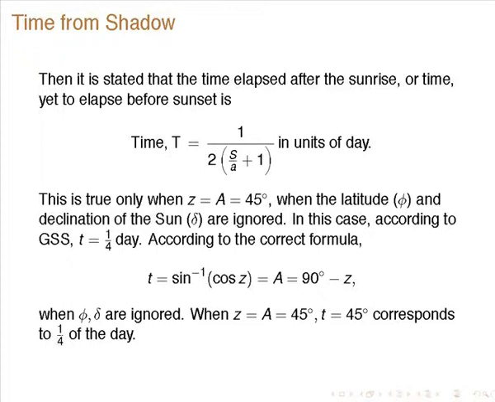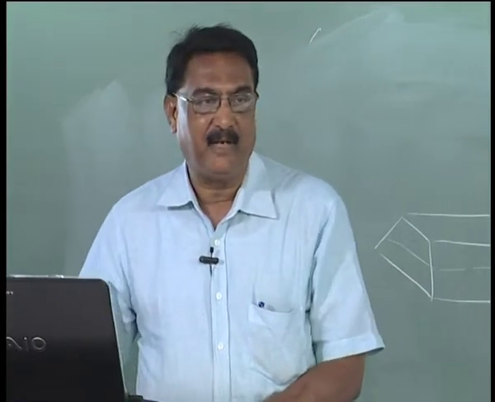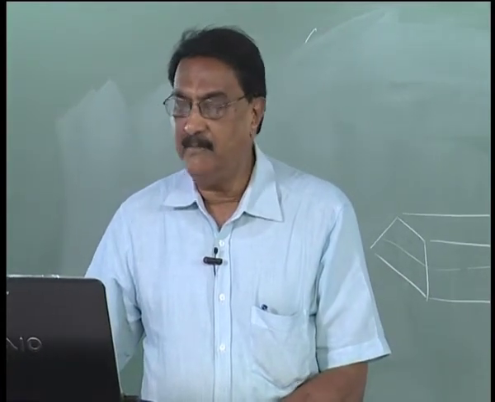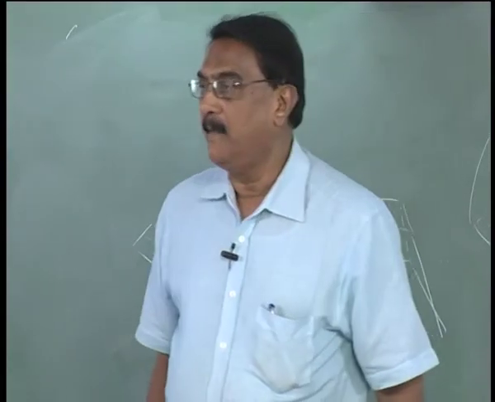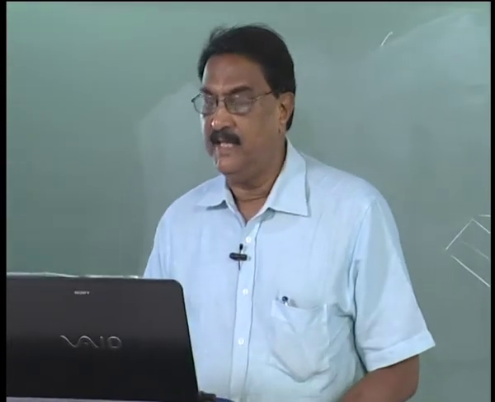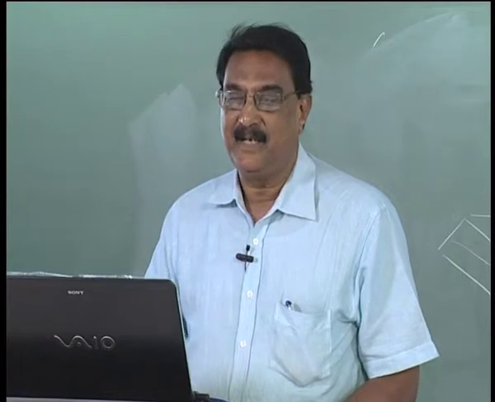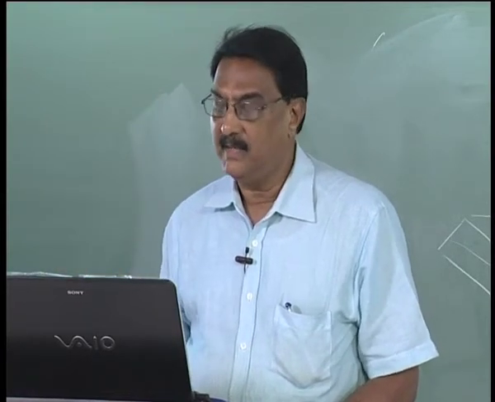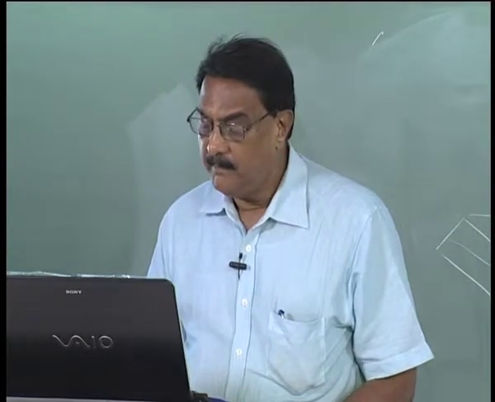Because a day, from sunrise to sunset, corresponds to 180 degrees, 1/4 of a day will be 45 degrees. So only at one instant, and that too at one particular place, this is true, but it may be approximate. One should see, maybe for Chennai it may not be too bad for certain days, because the latitude is low. So one should investigate; it's a very crude formula.